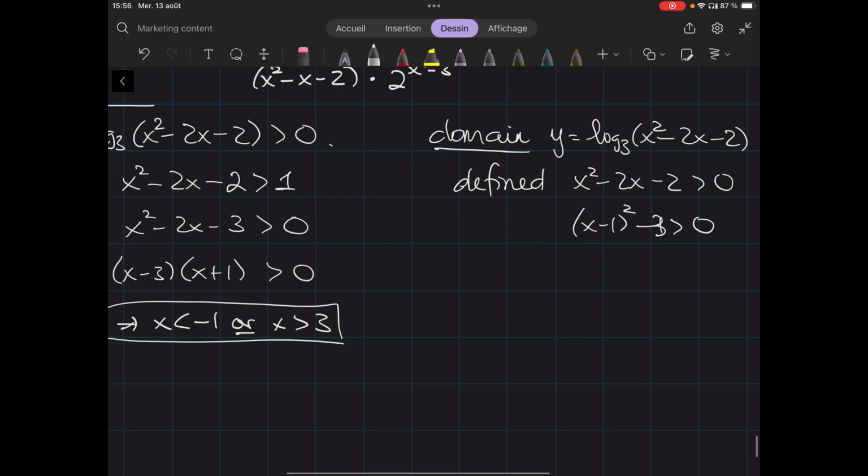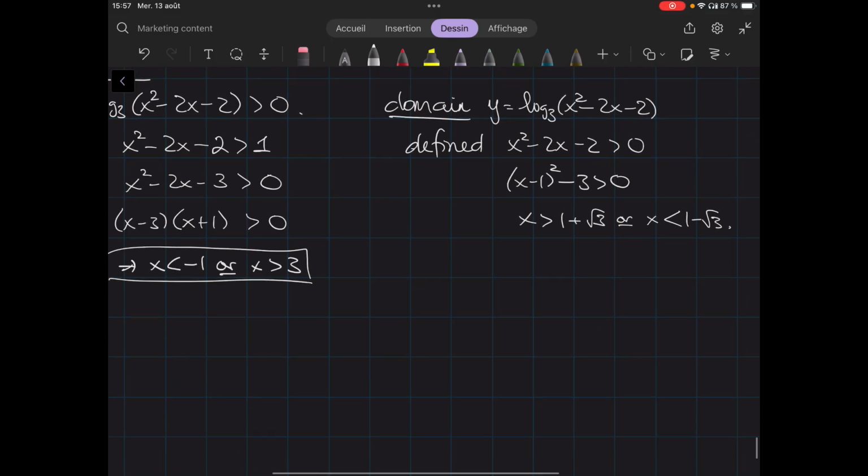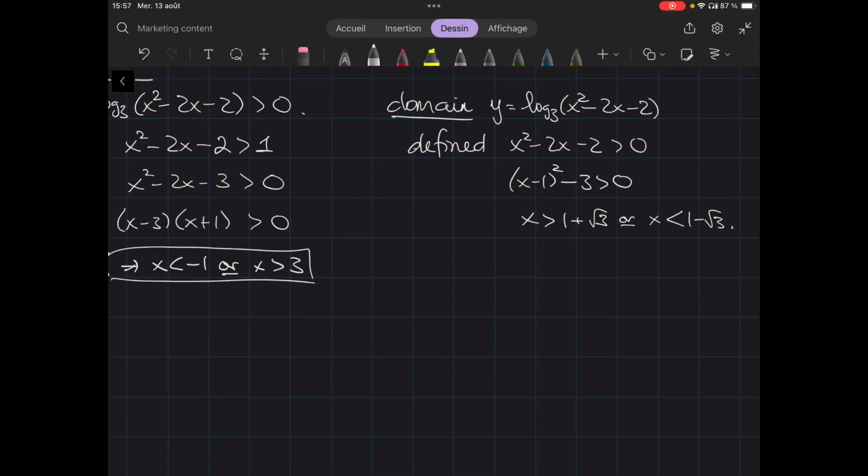There are several ways you can go about solving this inequality, but the quickest way would be by completing the square. So, when comparing our inequality solution set with the domain, we deduce that the final answer would be x less than negative 1 or x greater than 3.